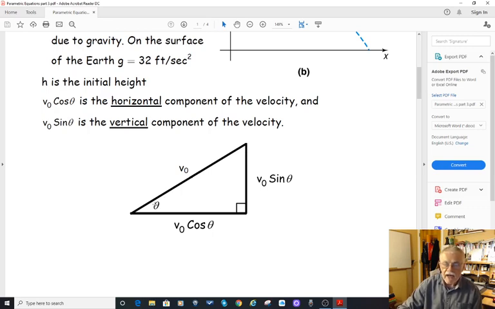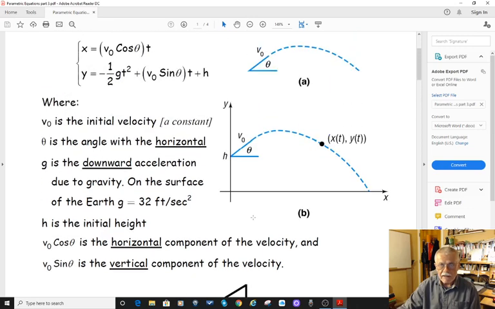We have our vertical component and our horizontal component. The horizontal over the resultant is cosine, and the vertical over the resultant is sine. So V0 sine theta is our vertical component, and V0 cosine theta is our horizontal component.